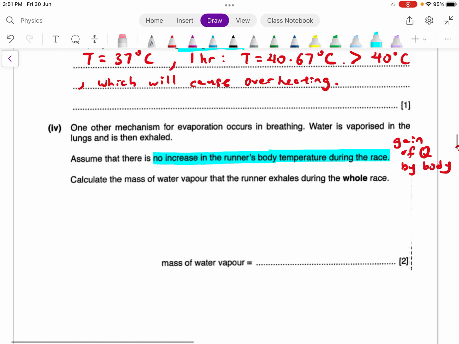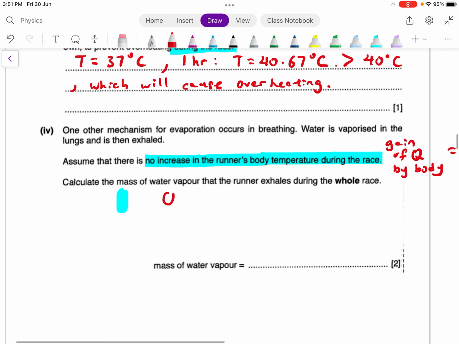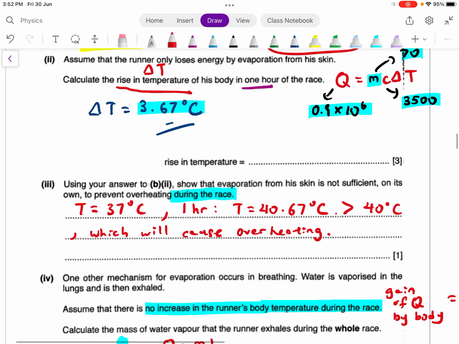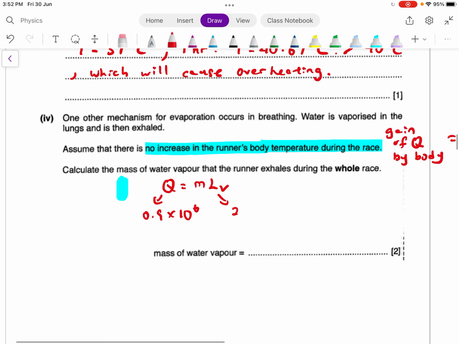Same thing, because there's no gain in temperature, I need to use Q = mLV. Q is 0.9 times 10 to the power 6, m is the mass of water, and LV is 2.4 times 10 to the power 6. So the mass is 0.9 times 10 to the power 6 divided by 2.4 times 10 to the power 6.